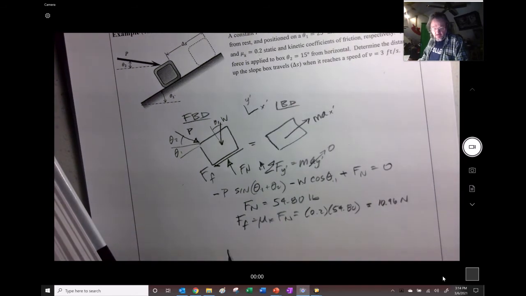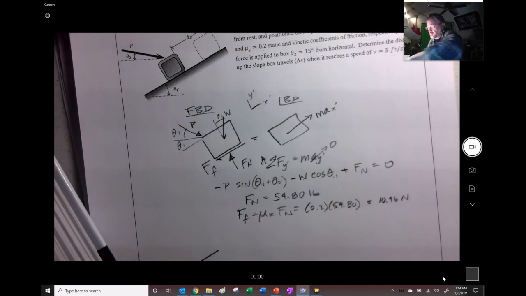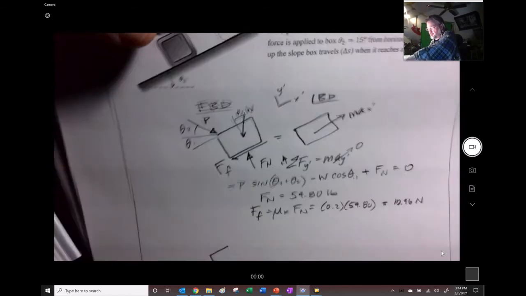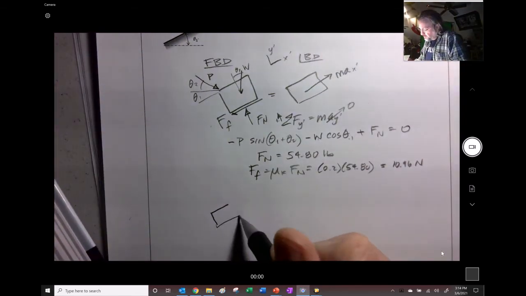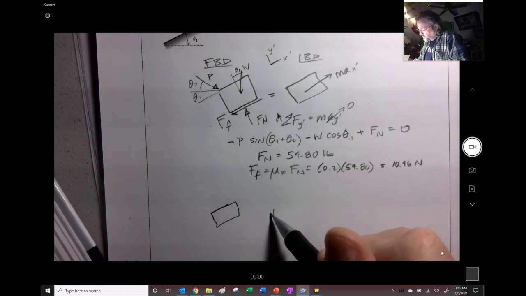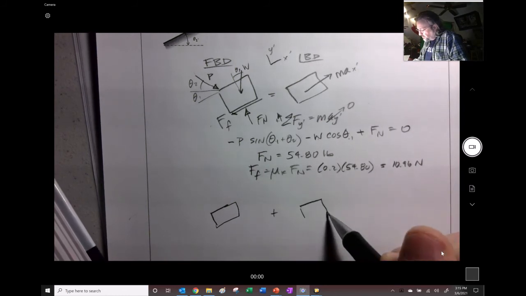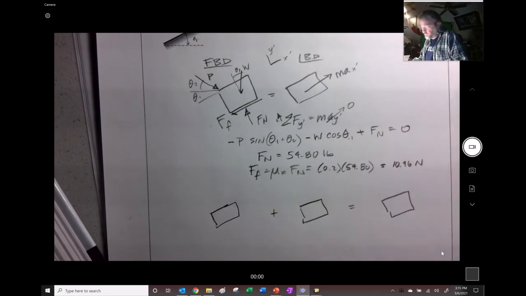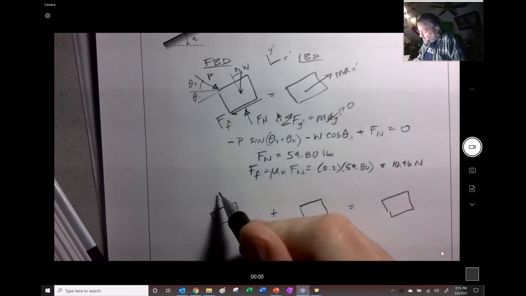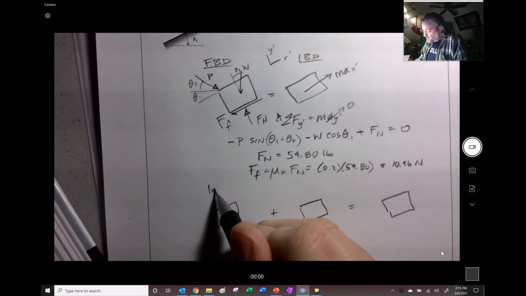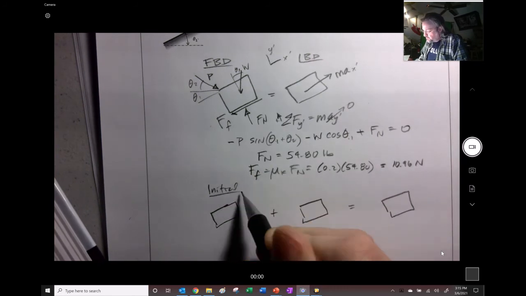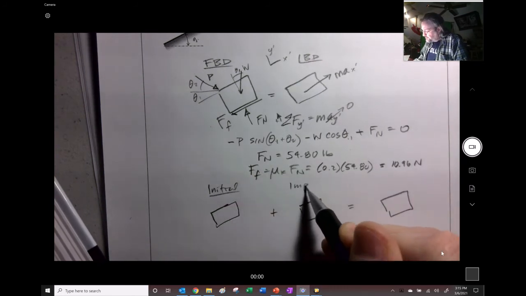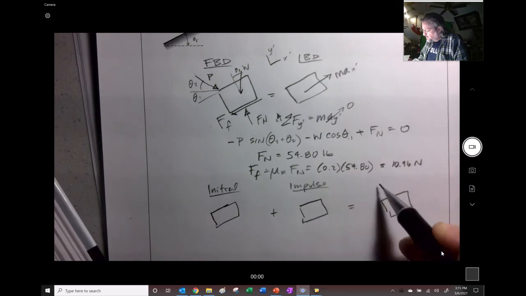So what we have is our 3 diagrams. I'll move this out of the way. Here's our first diagram. Here is the impulse happening to the thing, and then here is our final. I would write initial, impulse, and then final.